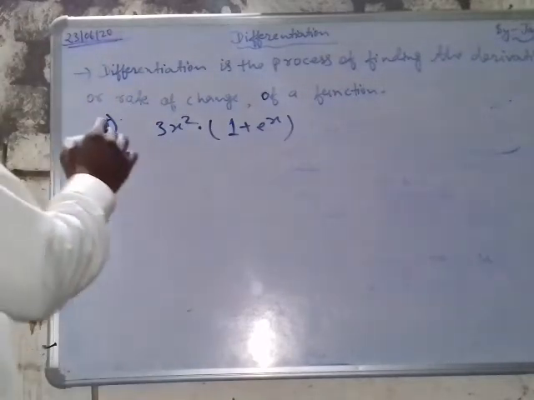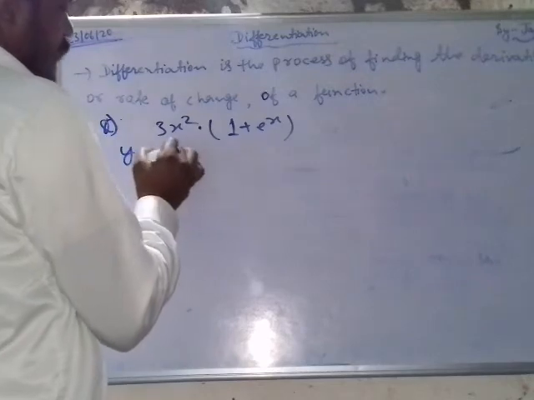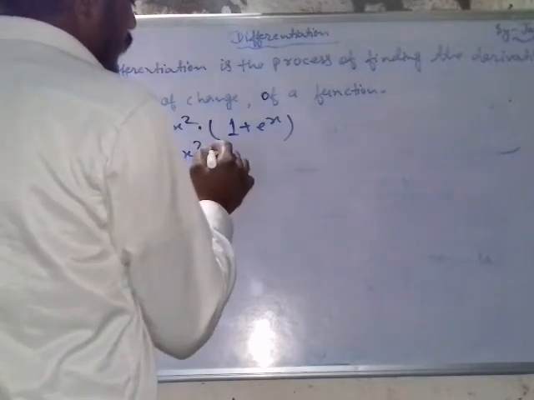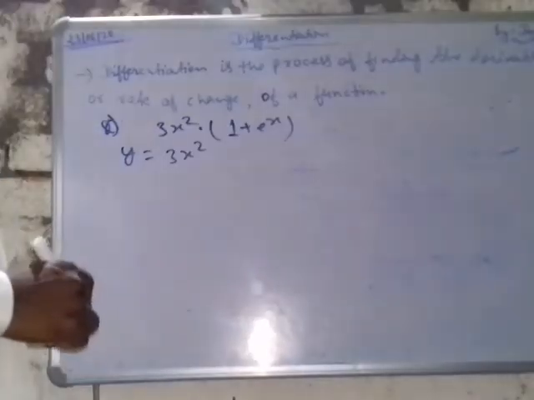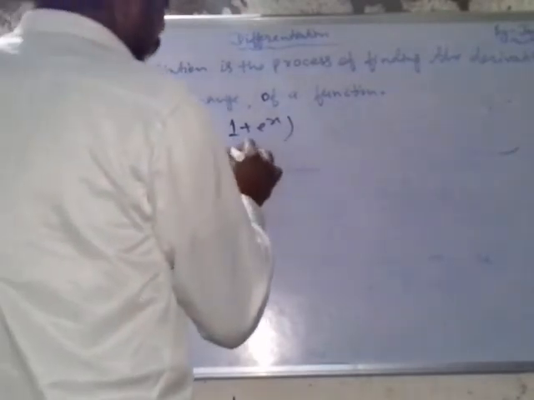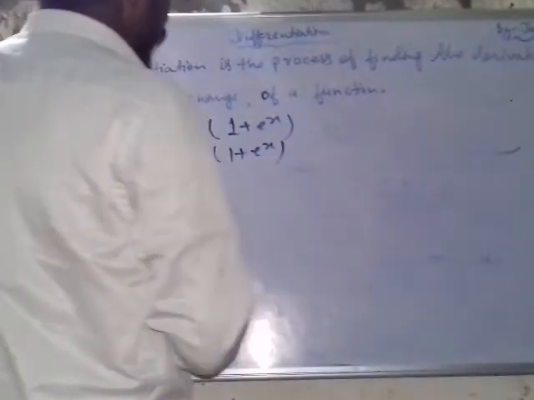At first we write y is equal to 3x square into 1 plus exponential x.